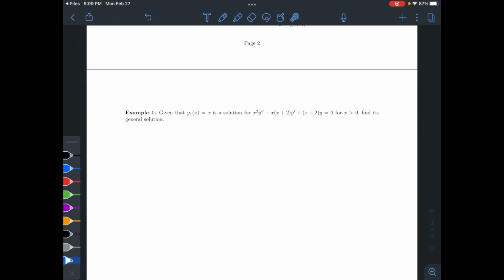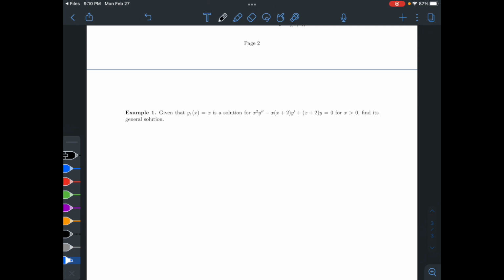All right, so we're told that y equals x is a solution to this differential equation. We're going to assume that x is positive, and then find the general solution based off of that.